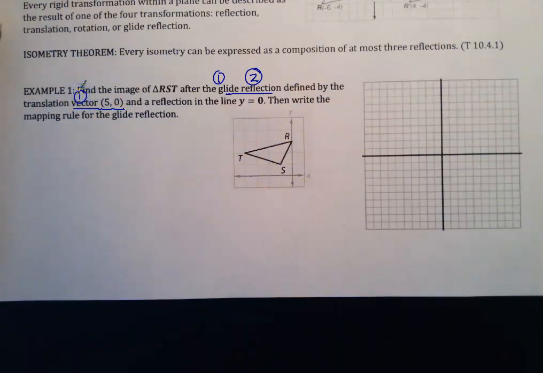All right, so we need to transfer RST to our graph. So what's point R here? 0, 3. Okay, so on your graph, let's put 0, 3 for our R. What's S? Negative 1, 1.